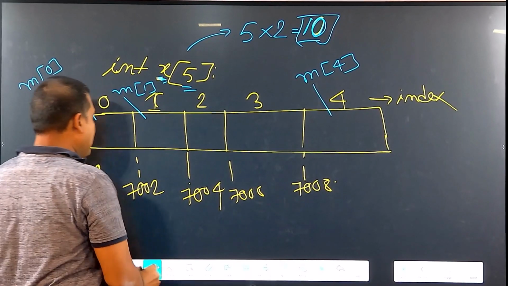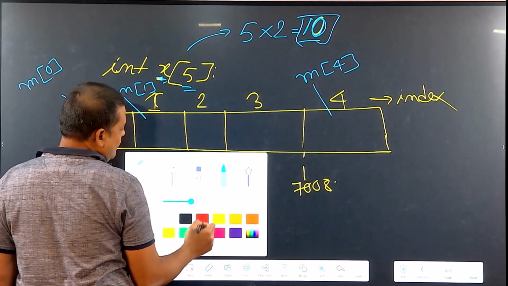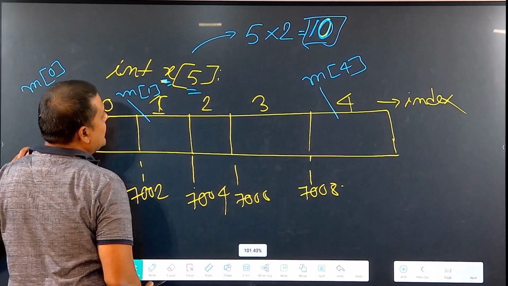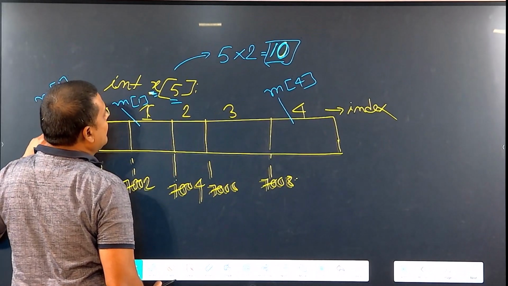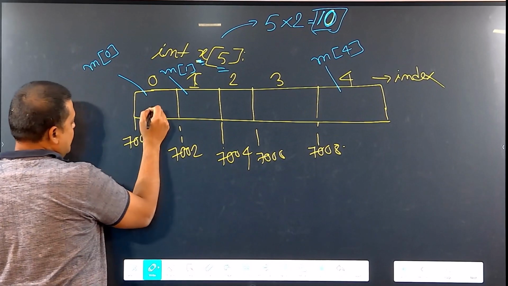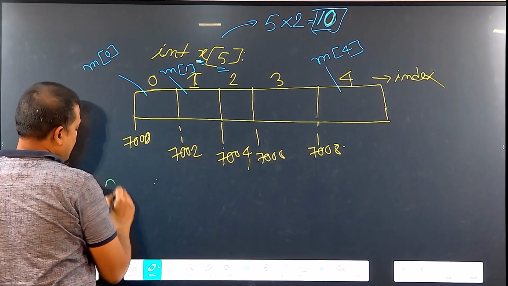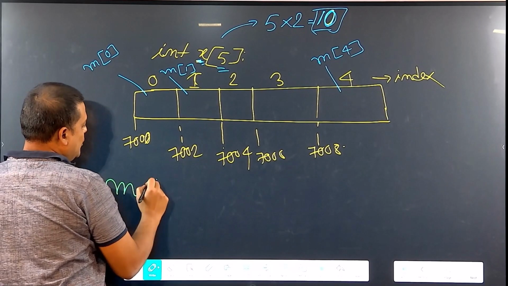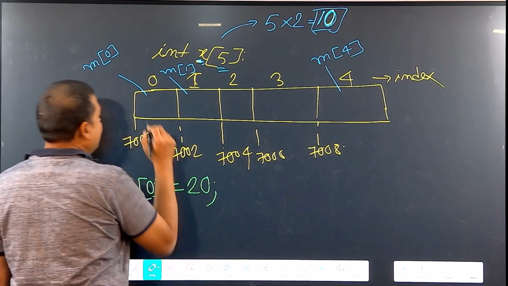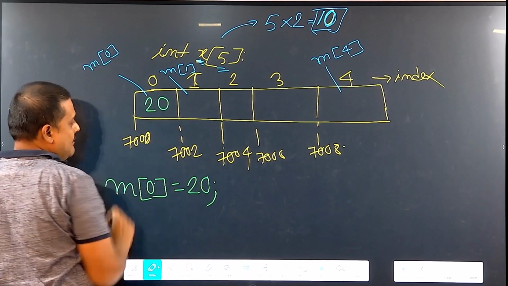Now how can we allocate the values? We can allocate the values in this way. If I want to allocate the values here, I will write M of 0 equal, say for example, 20. So what will happen? In this location the value 20 will be inserted, and in M of 1 the next value will be inserted.